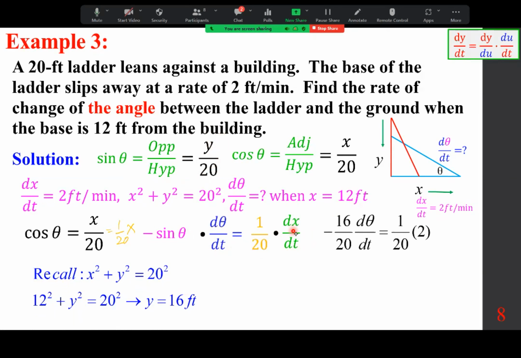We're going to replace the dx dt with number 2. And basically, you want to solve that. So to solve this, I can just drop the 20. So the left side is negative 16 d theta dt. The right side is 2. Let me just write this for you so it becomes clear.